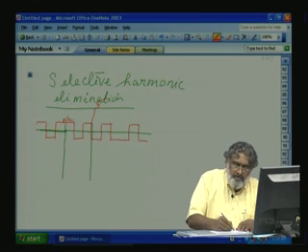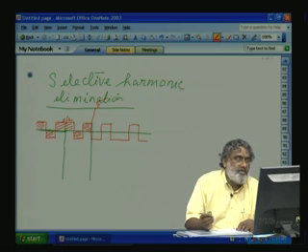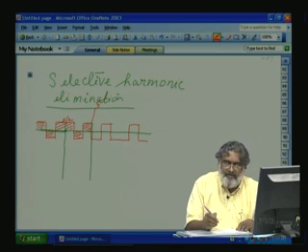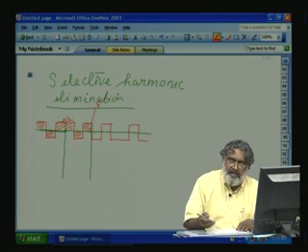This is the positive half period: the top switch is on, then the bottom switch is on, then the top switch again. This is exactly represented in the second half cycle in the opposite way.